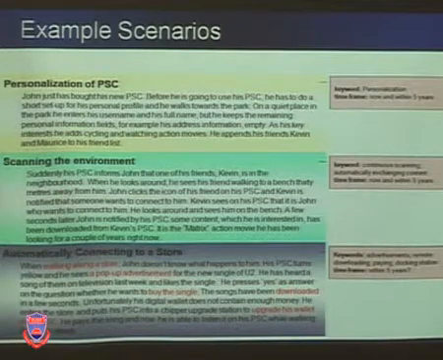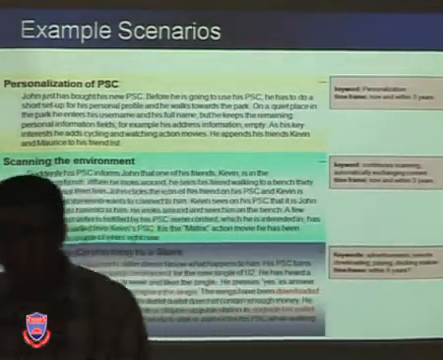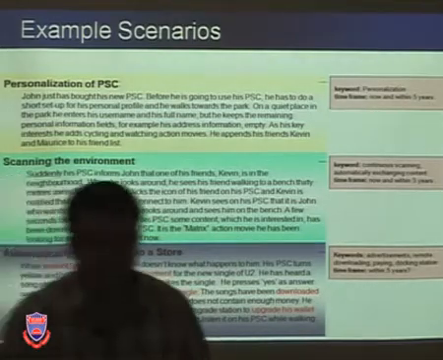Scanning the environment. So you have the device. Suddenly his PSC informs John that one of his friends, Kevin, because he put his friend Kevin customized, is in the neighborhood. So then the device is intelligent, and it gets it in the friend list zone.